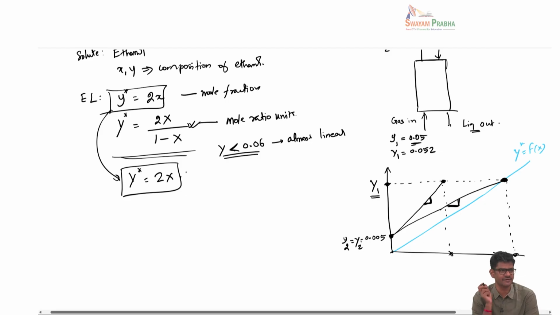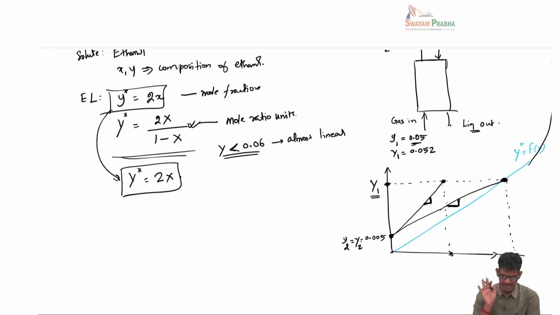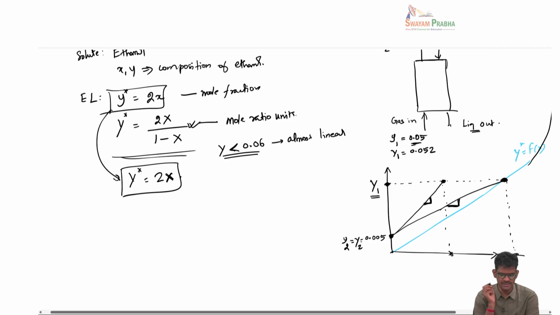This linearity will not follow. This line will actually curve like this. For this problem, since the composition is only up to 5%, this is linear. So we can go ahead with simply writing y star is equal to 2x. So that is one simplification.